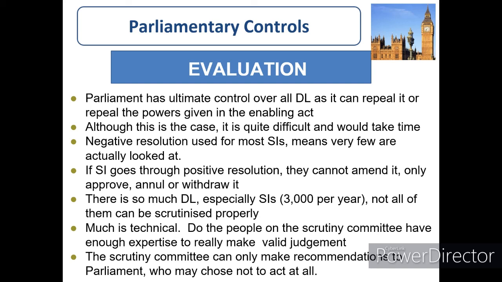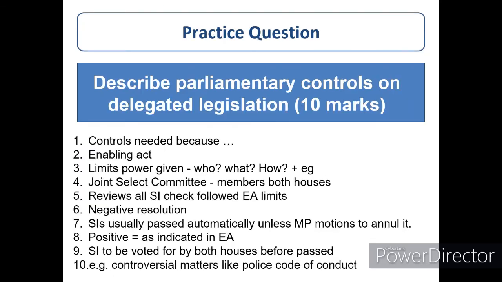So there's several evaluative points you can make about parliamentary controls. If you were doing a question, such as describe parliamentary controls on delegated legislation, you would be writing probably 4 paragraphs. You'd start with why controls are needed, then you do a paragraph on the Enabling Act, a paragraph on the scrutiny committee, and then a paragraph on the resolutions.